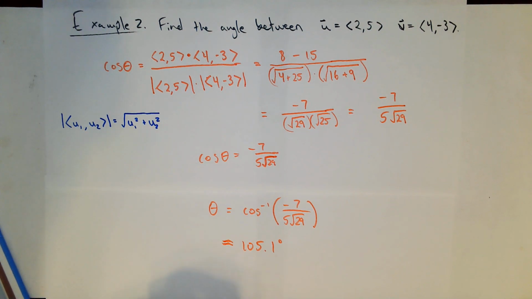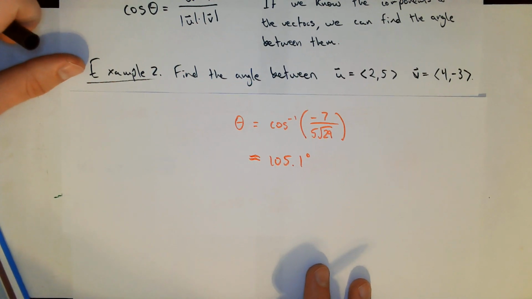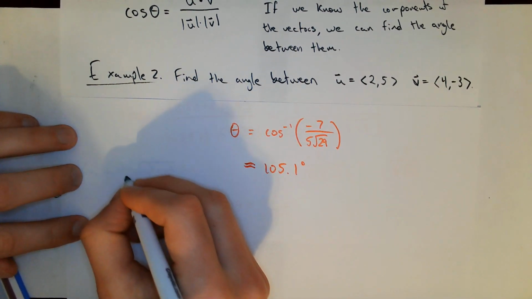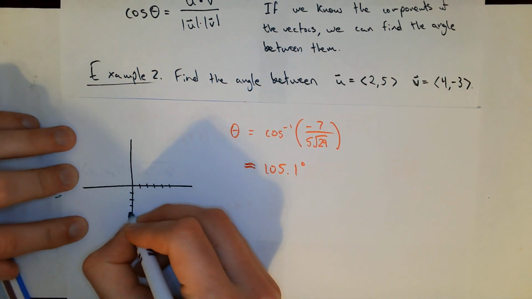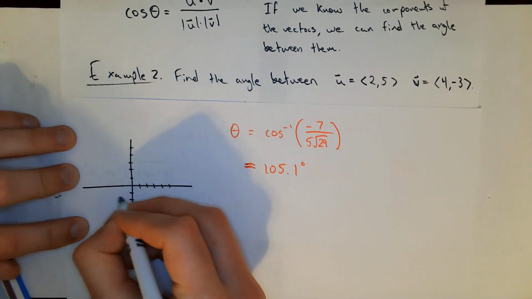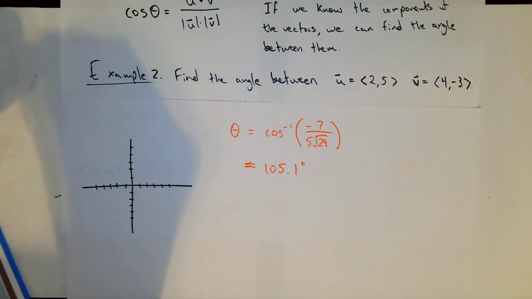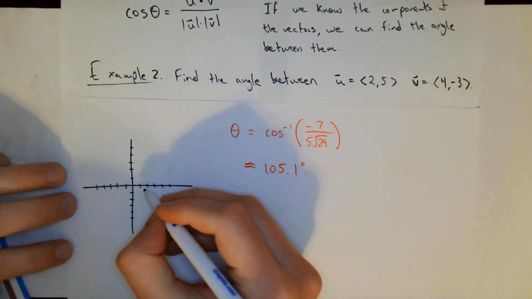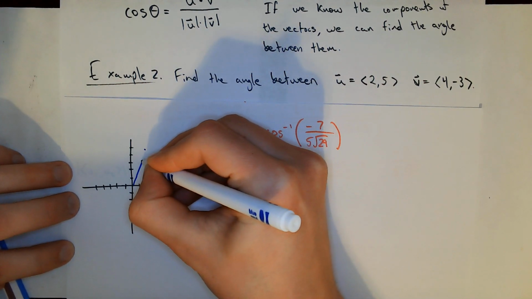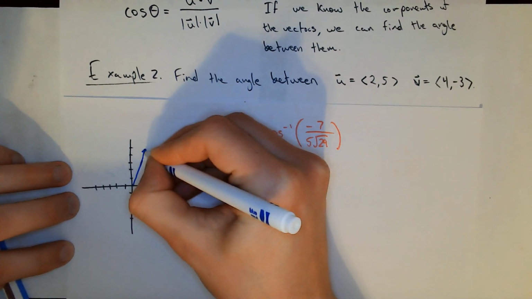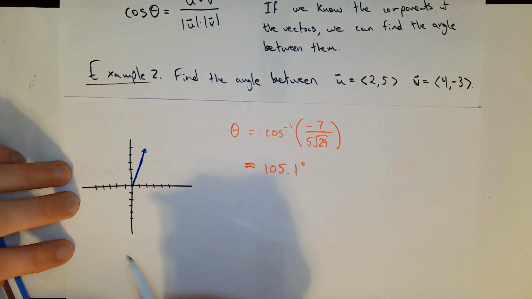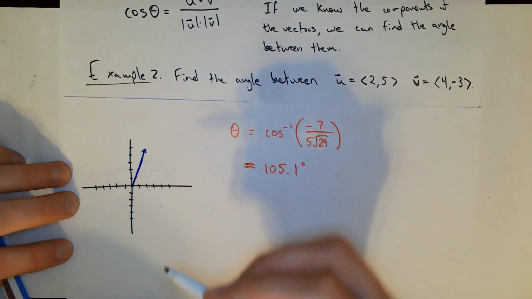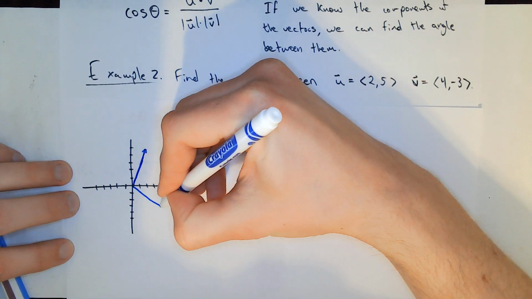Let's graph them and see if it looks right. So let's graph these two vectors. Okay, vector u is at 2, 5, so that's roughly up here somewhere, and vector v is at 4, -3, so I'll go over to 4 and go down 3, somewhere down here.